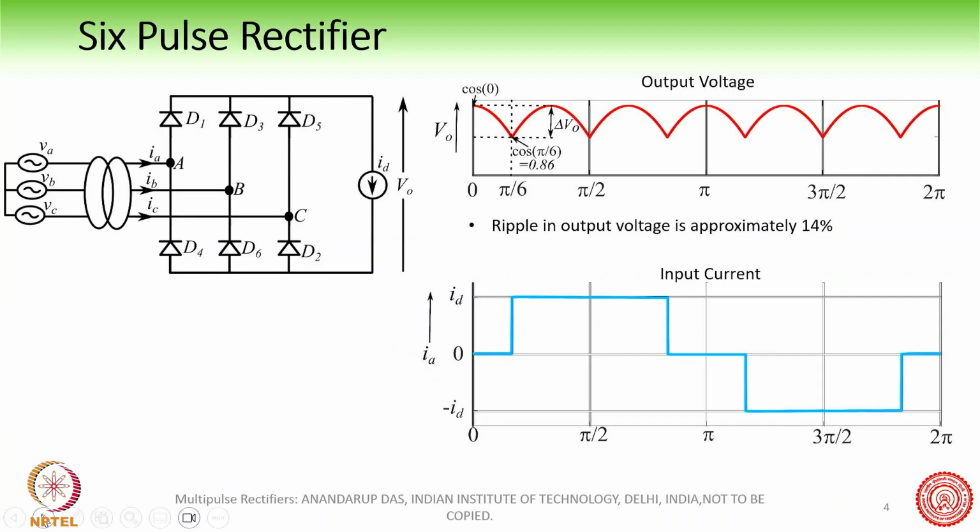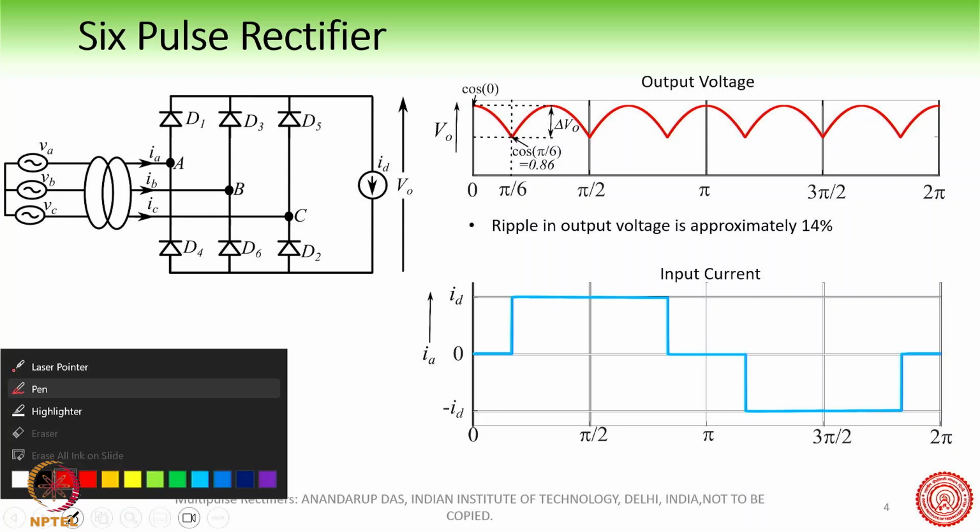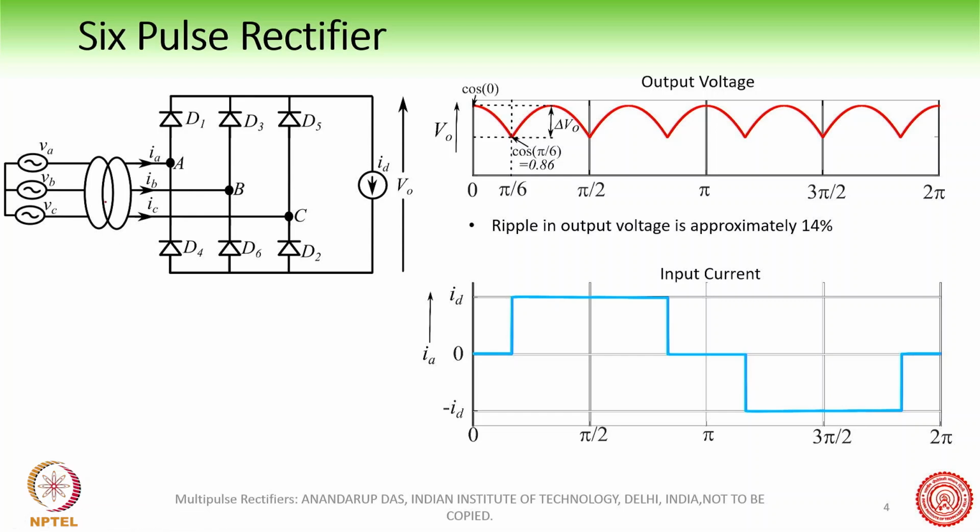If you see the output voltage profile of this converter, we have drawn the diagram of this 6-pulse rectifier. Here you can see the grid, then the transformer, and then the 6-pulse or bridge rectifier. I have used a constant current load, a heavy inductor at the output, so as to emulate a motor load.